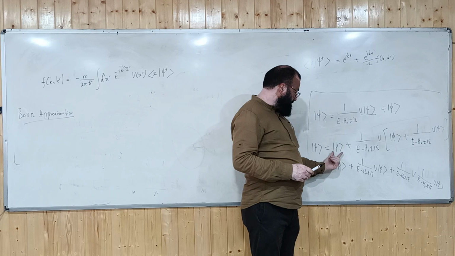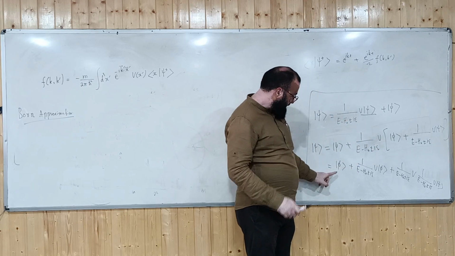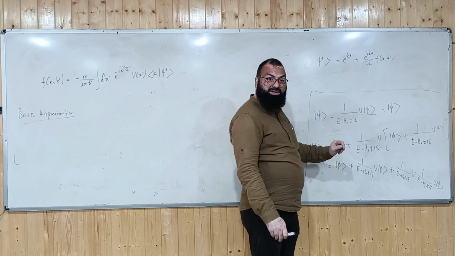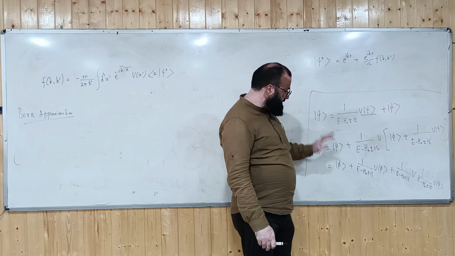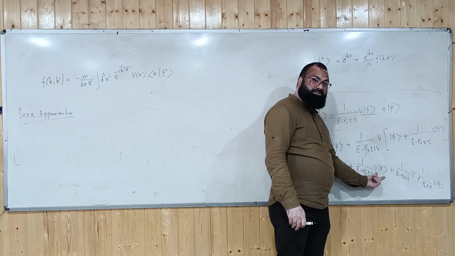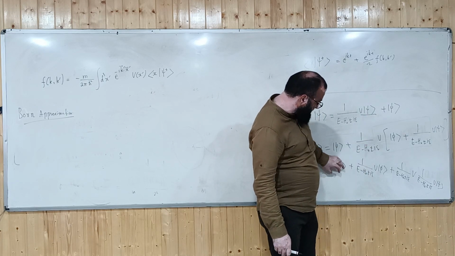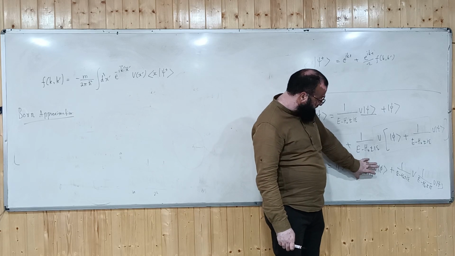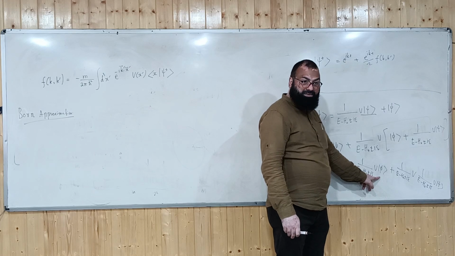Then I arrive at this kind of series. Now look at this term. When you take V tends to 0 again, you get psi back to phi. Clear? But when V is not 0, but small, you have what here? V phi. What was the term here? V psi. So this is the 0th order term. Up to the first order approximation, my V psi I can replace by what? V phi.